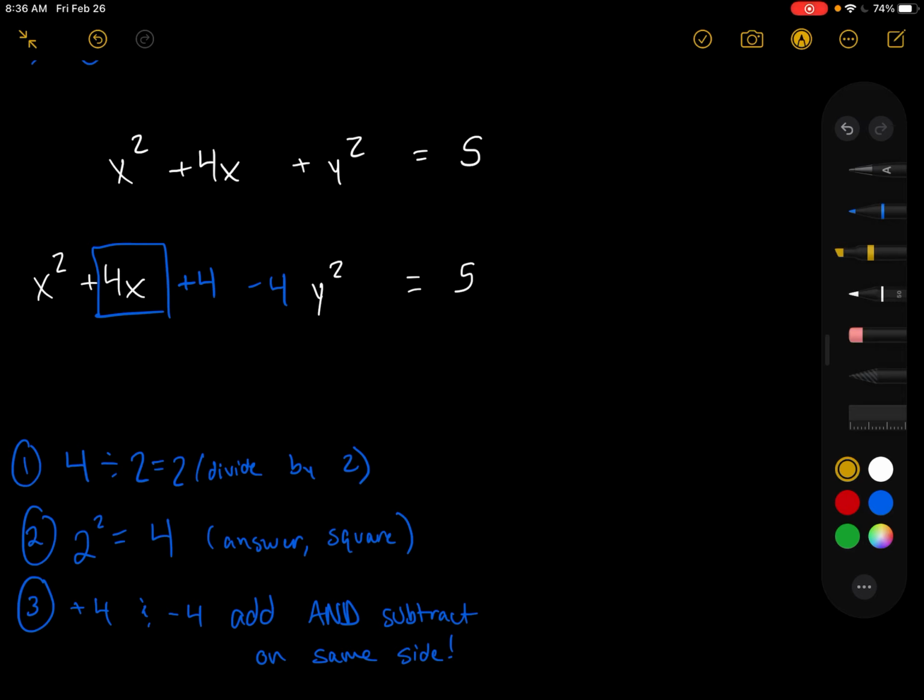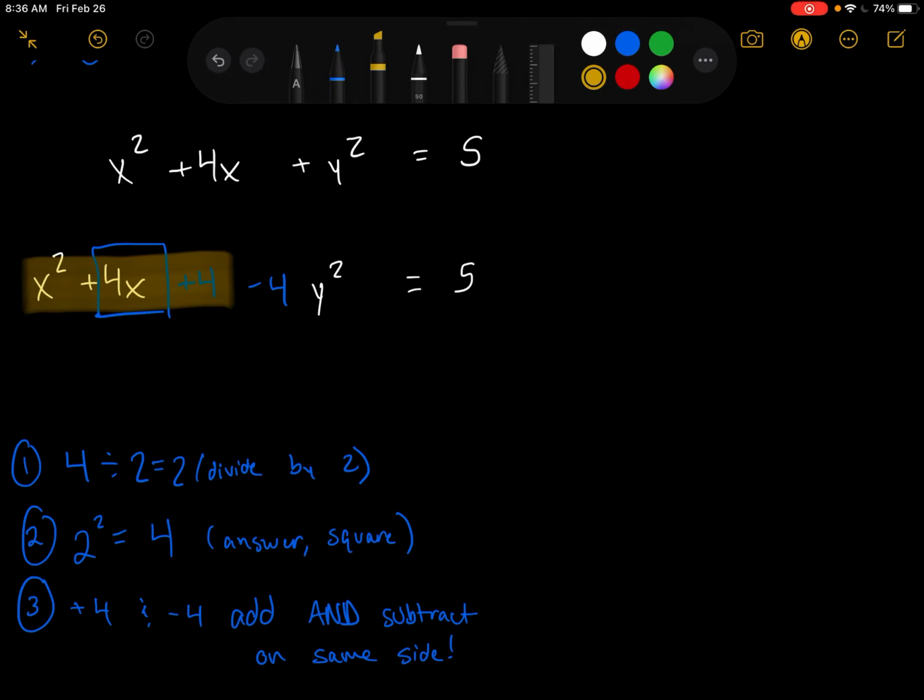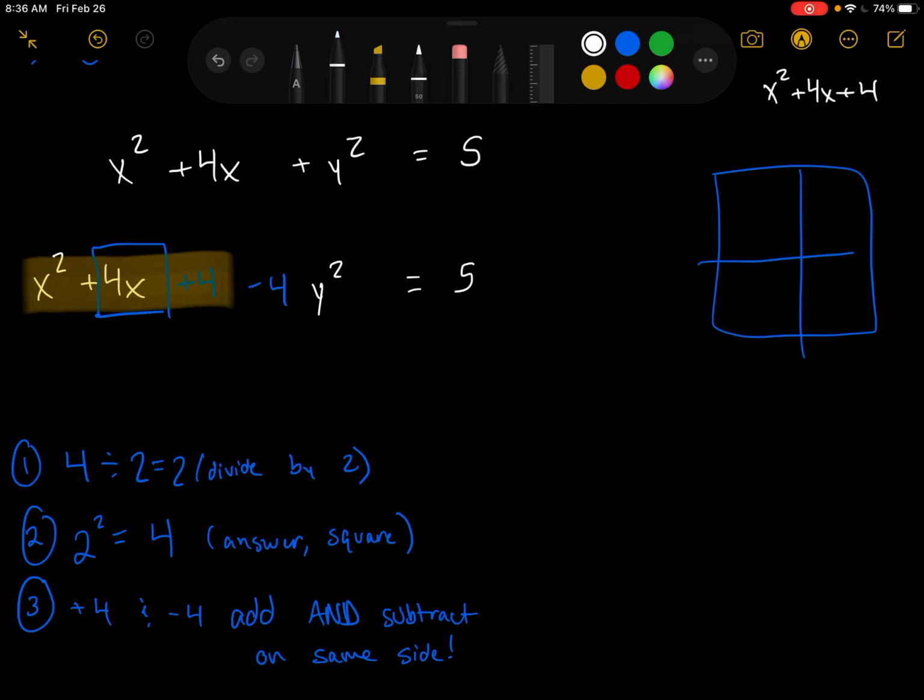But hear me out. If we highlight this, x squared, 4x, and 4, we can actually put that into a box. So we're going to take our x squared, our 4x, and our 4, and then we can factor this.